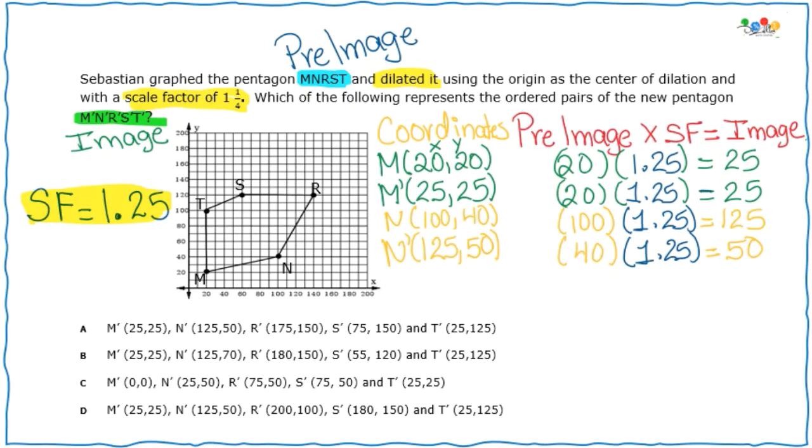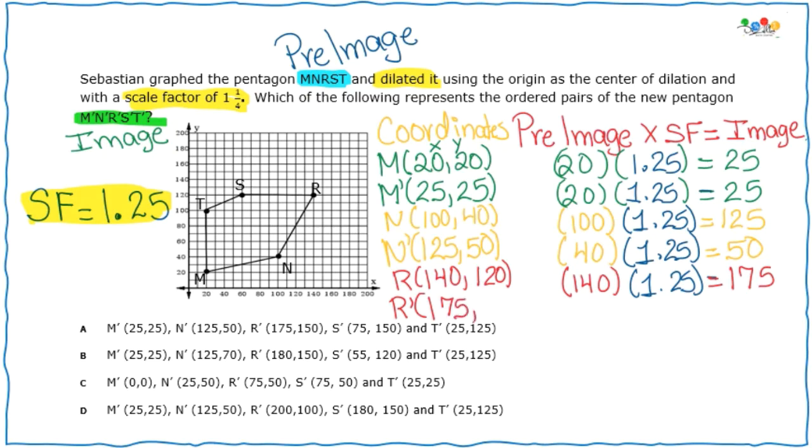Okay? Then we're going to do the next one. I can choose any points that I want. I'm going to choose the point R. My pre-image has a 140 for X and 120 for Y. So I will multiply 140 times the scale factor, which is 1.25, and that will give me 175. So my R prime has a value for X of 175.